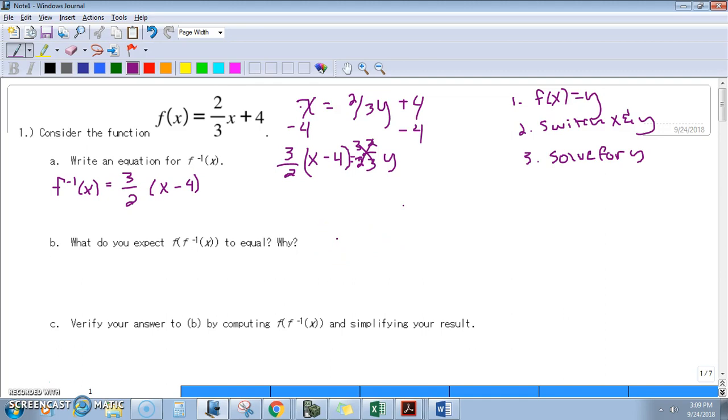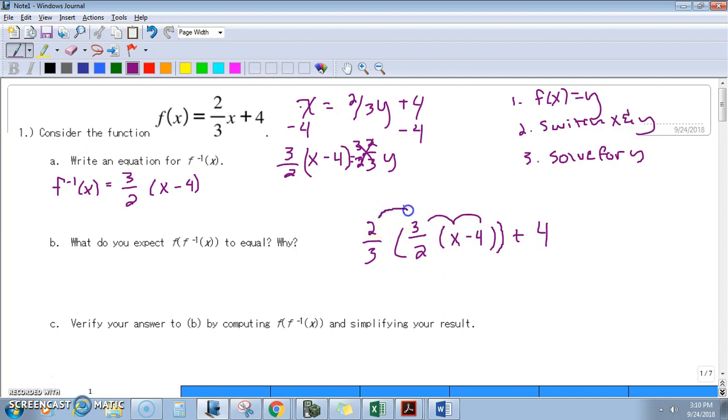So we take our original f of x, which is 2/3 times x, but I'm just going to leave a big space because I'm going to put the whole function that is the inverse in there. And my inverse was 3/2 times x minus 4. Okay, so if you wanted to do this the long way, you could distribute this here.